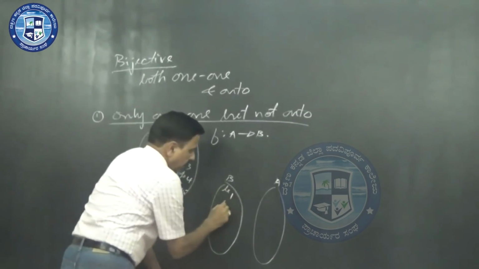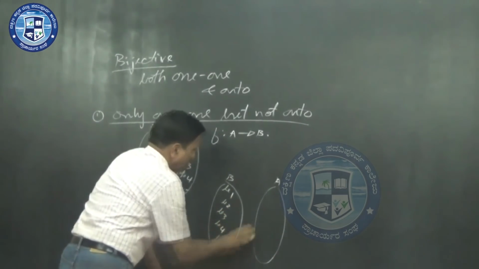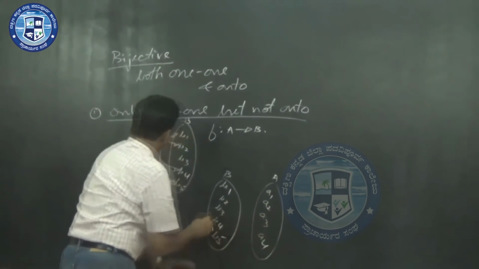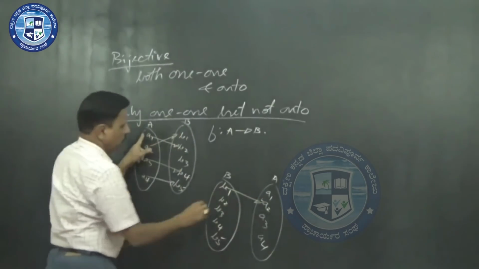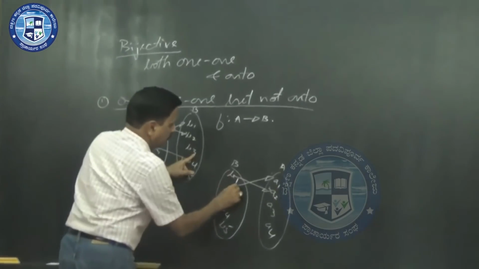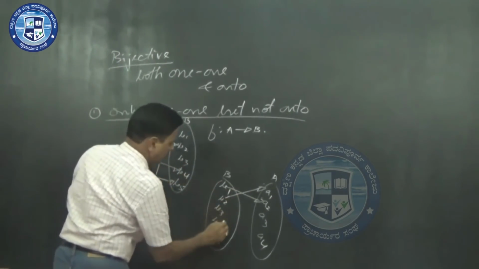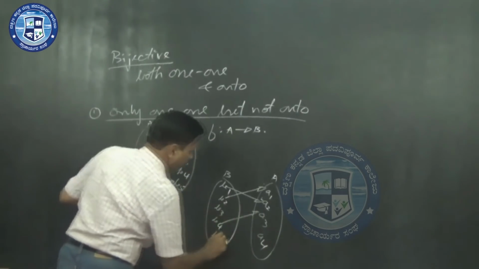Here B1, B2, B3, B4, B5, and this is A1, A2, A3, A4. Say B1 to A2 and B2 to A1, B3 is not at all connected, B4 to A3 and B5 to A4.